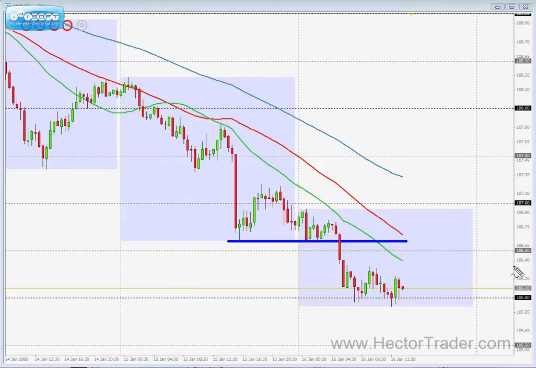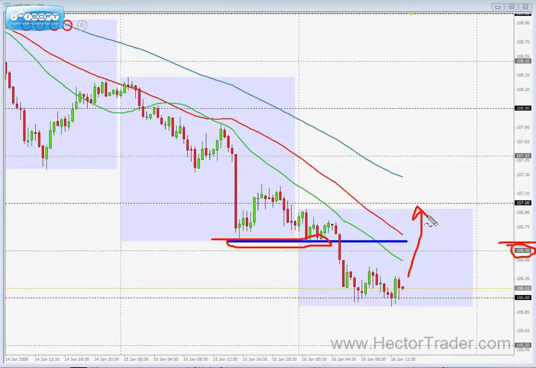If that level, the 106.50, 106.60, this level, that's my key level of resistance, breaks, if price breaks above, it might be a signal of weakness in this downtrend, and perhaps you might want to consider the trade plan violated, and therefore you might want to pass on this setup.